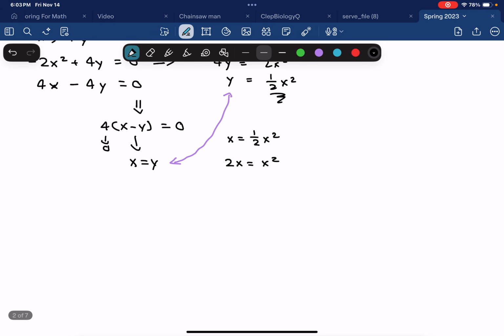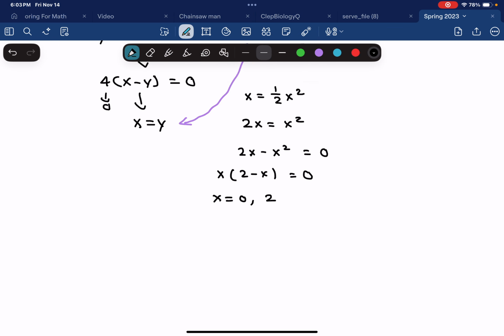So 2x minus x squared equals 0. So if I factor this out, I get x times (2 minus x) equals 0, in which x will either be equal to 0 or it will be equal to 2.